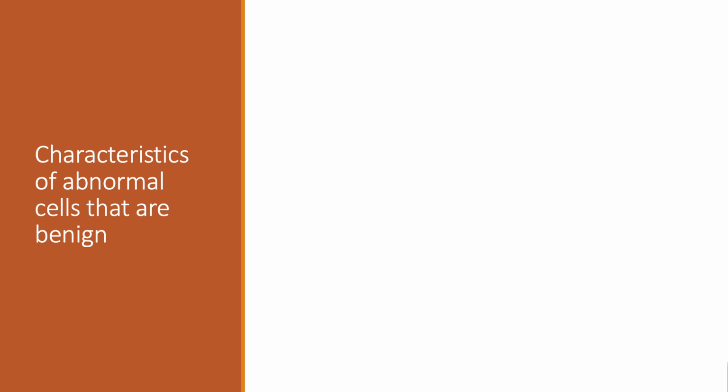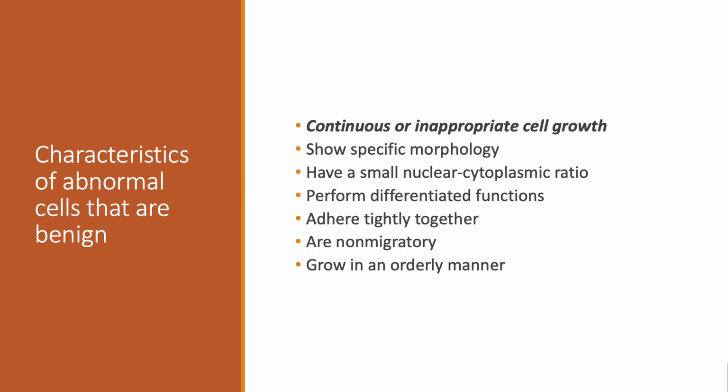All right, characteristics of abnormal cells that are still benign. These cells are going to grow in the wrong place at the wrong time or at the wrong rate. Examples would be moles, uterine fibroid tumors, or polyps, like nasal polyps. They do still show a specific morphology.